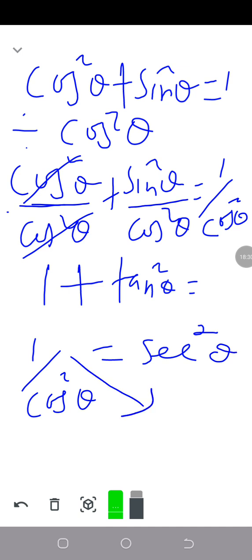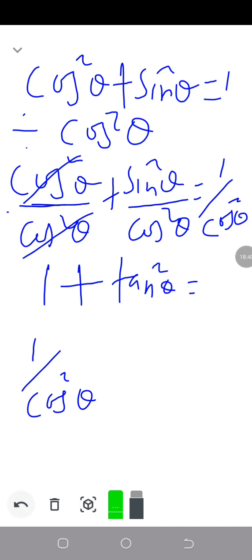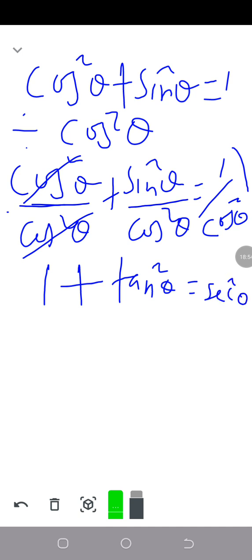So 1 over cos squared is the same as sec squared theta. And on our equation, the last part on the right hand side, which is 1 over cos squared, is the same as sec squared theta.